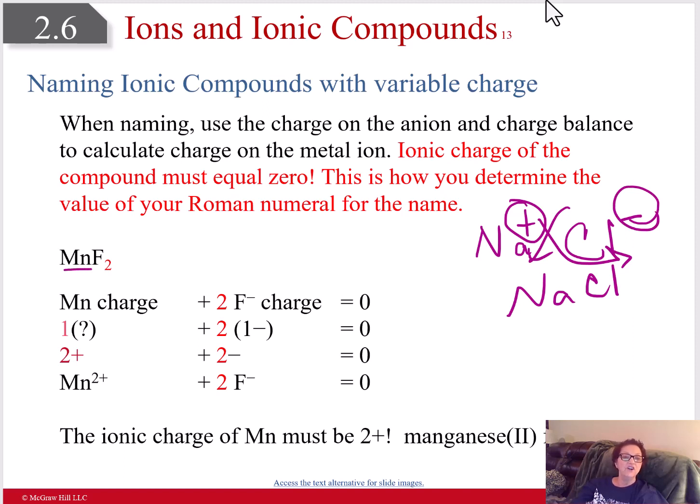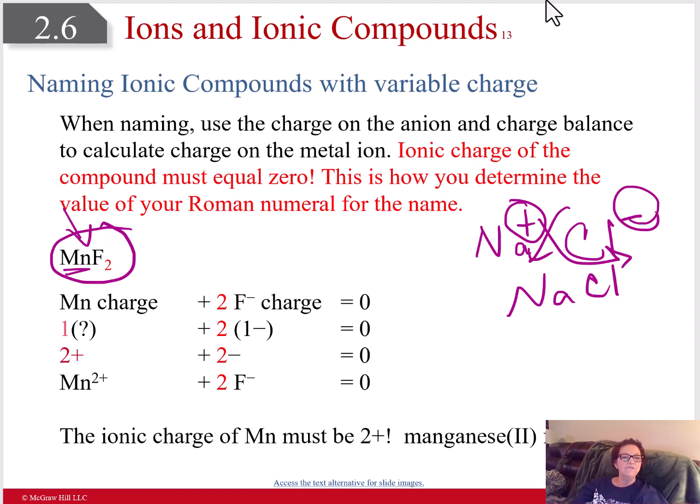Manganese, however, can have multiple charges. If I am given the formula, I can figure out what the charge on the manganese is if it is with something that always has the same charge.